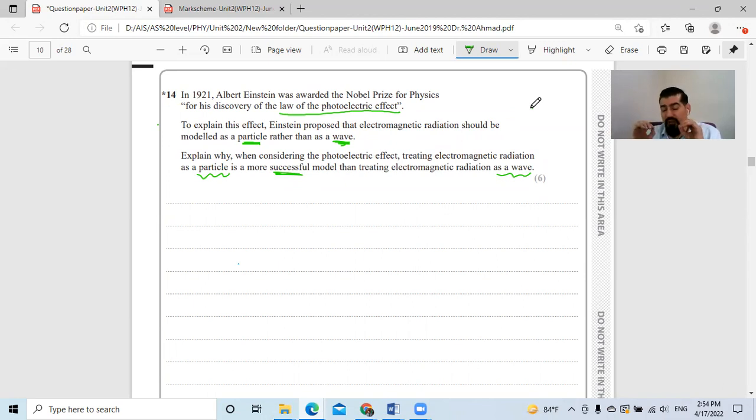Now, the introduction of explaining this photoelectric effect, about the light and how the light consists of photons and energy, and the work function and making the relationship, all these you have to write down. Now, if we look at the mark scheme, they give you certain points that they are going to give you a mark on.